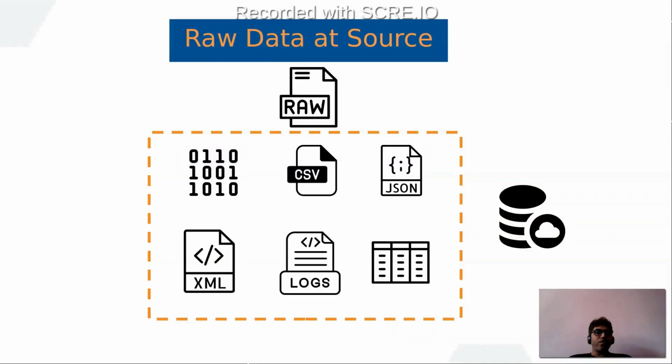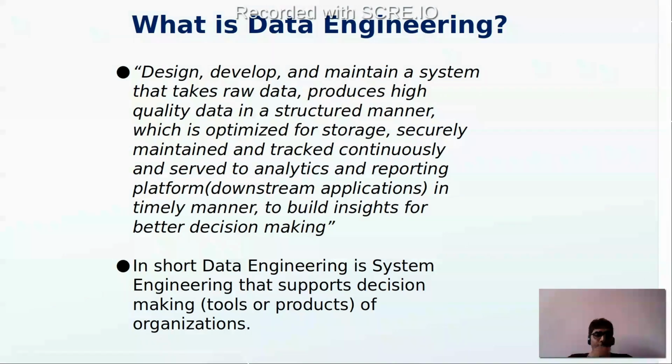You can see on this slide the raw data arrives in diverse formats. It could be a binary file, a CSV file, a JSON file, XML, logs. Again, it may even arrive already in a structured format. It could be images, it could be videos.